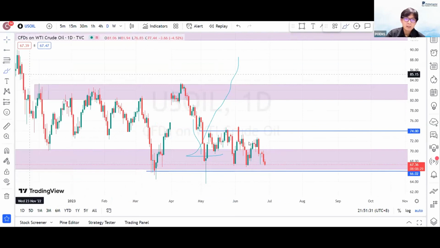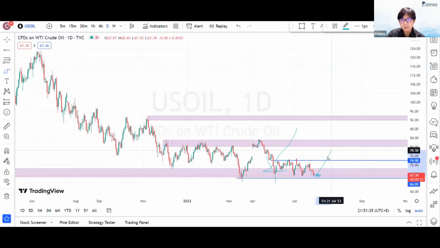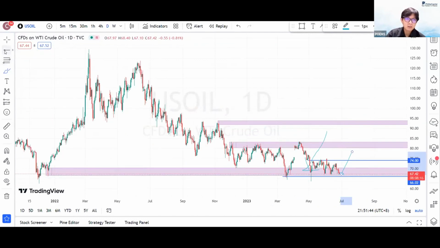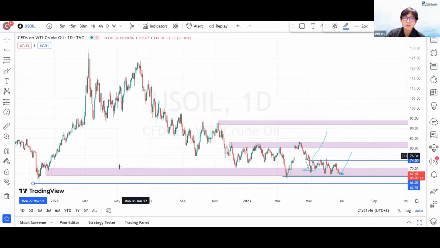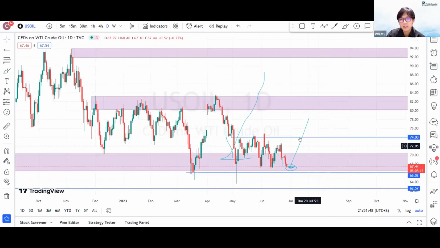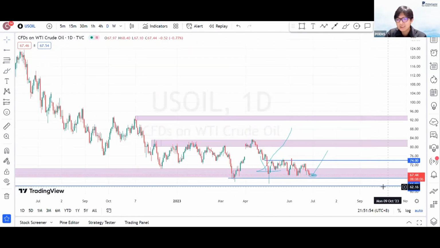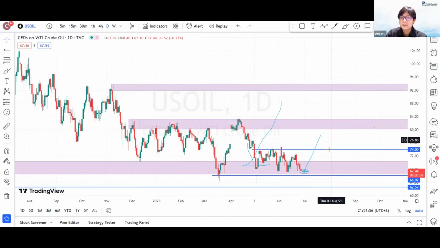I think it's safer to wait for more demand coming in before we can see another bullish leg up. As of now, the probability of it heading lower is higher than it going higher. So for oil itself, I'm looking more at a 60, 63 level.